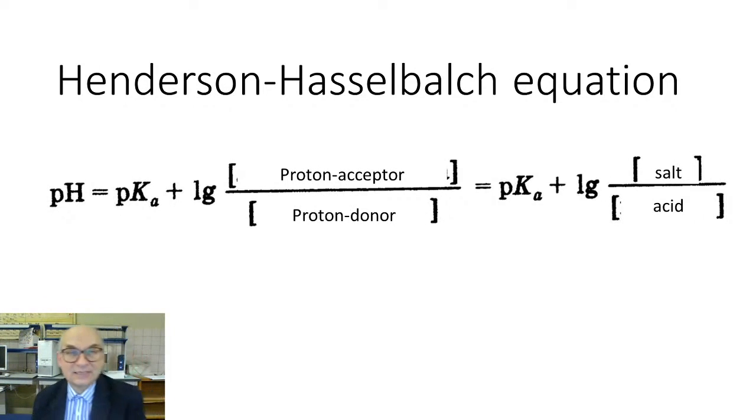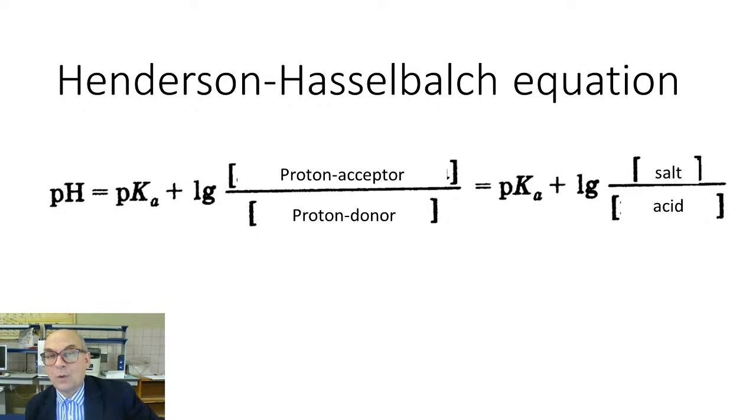Looking at the Henderson-Hasselbalch equation, we can say that the logarithm may be from +1 to -1. If the logarithm of this ratio is equal to 1, it means that the amount of the salt is larger than the amount of the acid by 10 times.